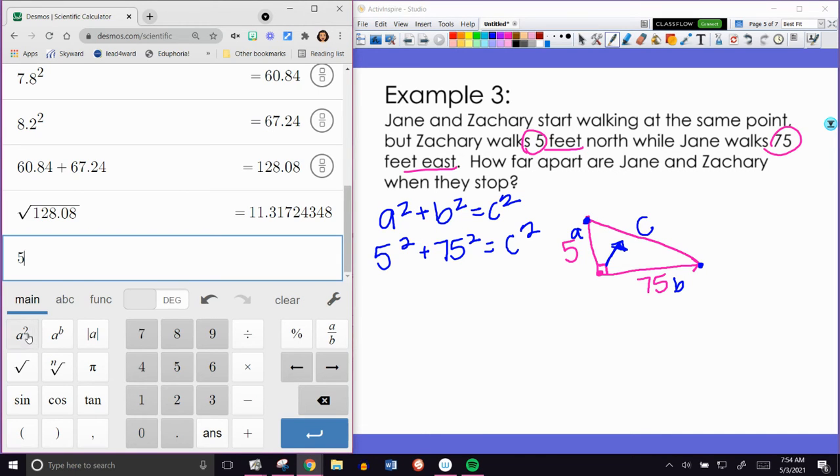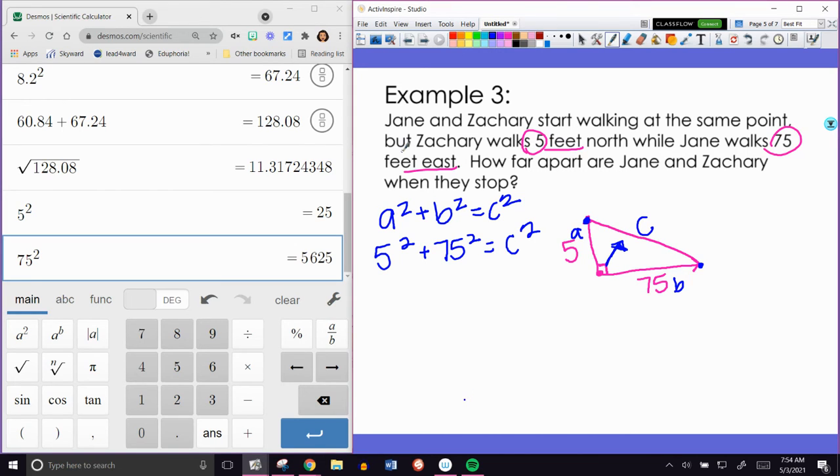So 5 squared is 25. 75 squared is 5,625. And that's going to be C squared.